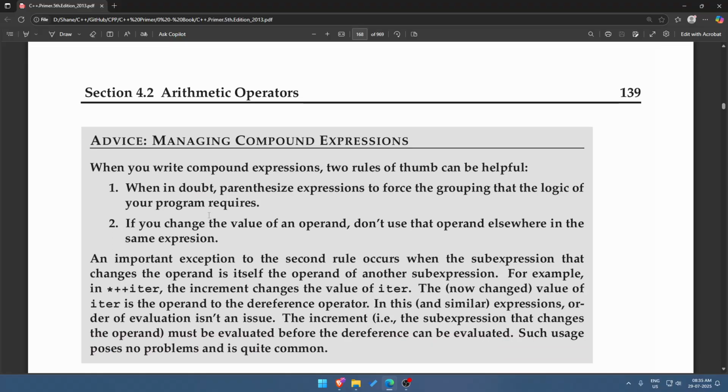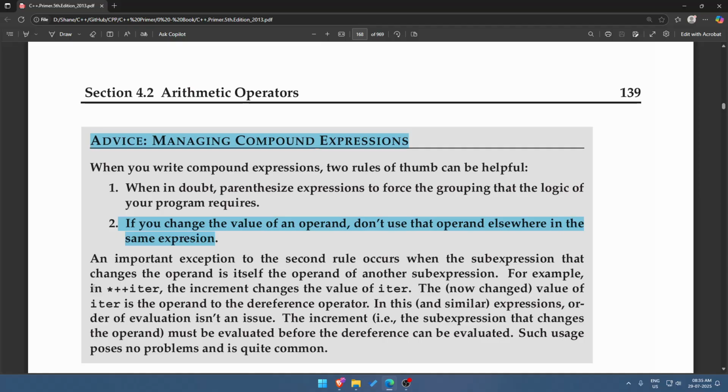Then we have, okay, if you change the value of an operand, don't use that operand elsewhere in the same expression. An important exception to the second rule occurs when the sub-expression that changes its operand is itself the operand to another sub-expression.